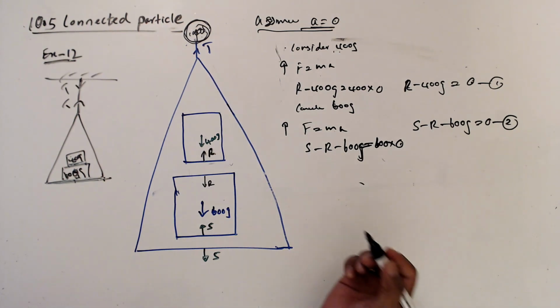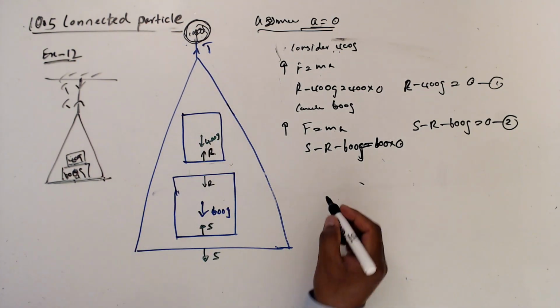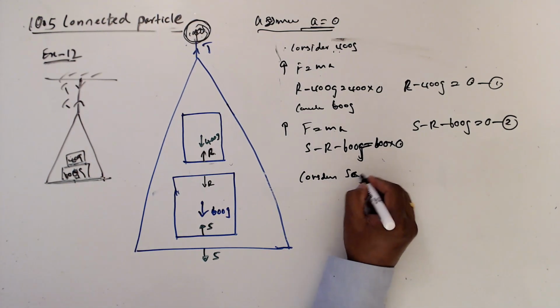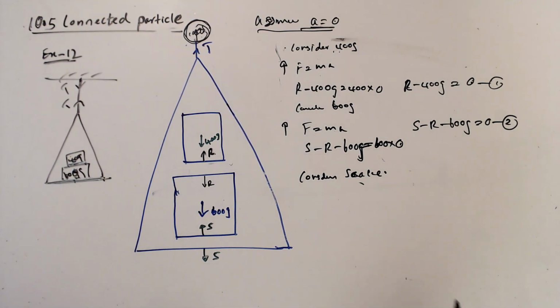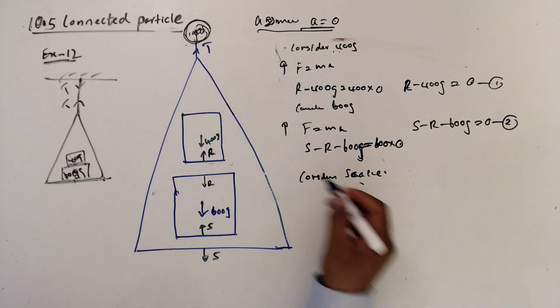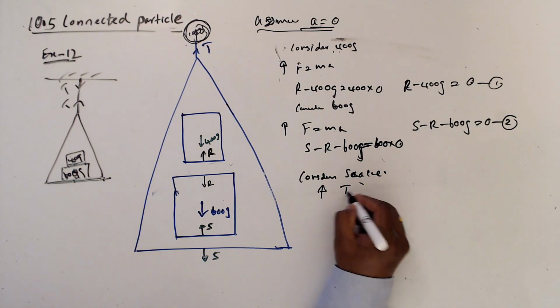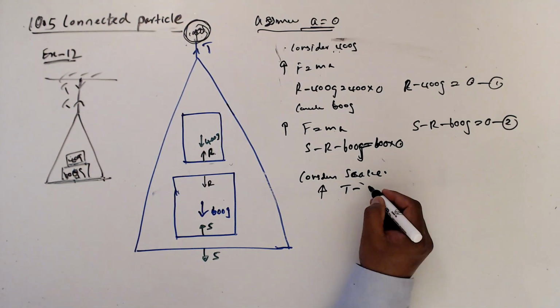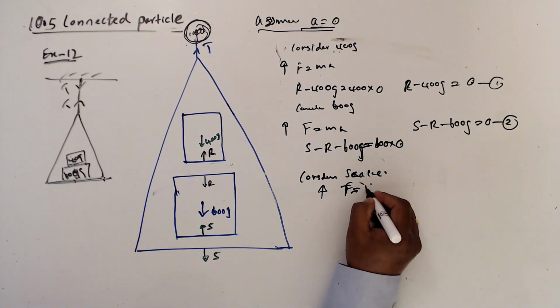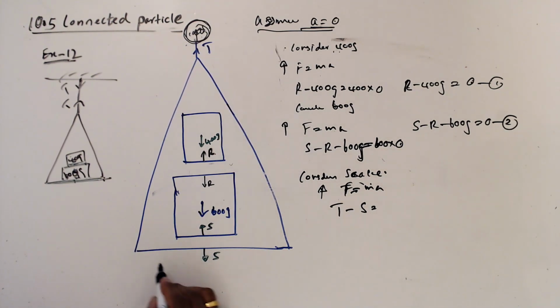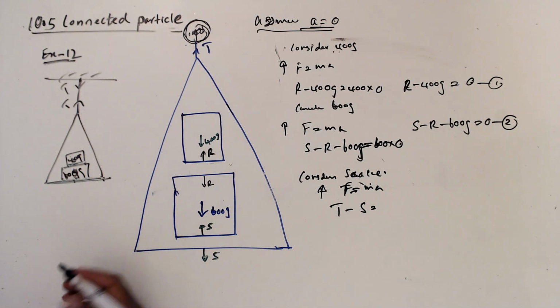Now, the other one, consider the scale. When you consider the scale, what do you get? So this is the scale. T minus S equals MA in this direction. Actually, we have a light string.